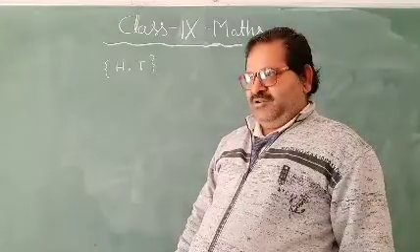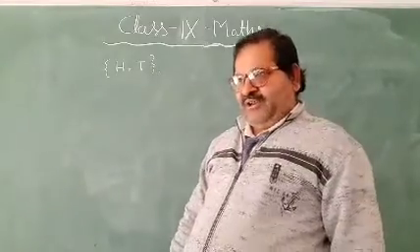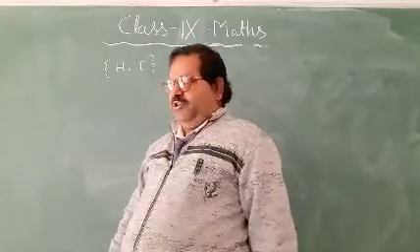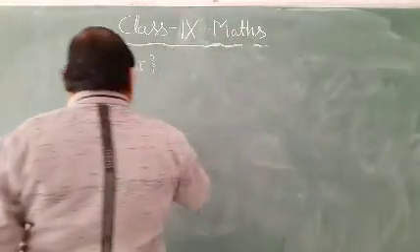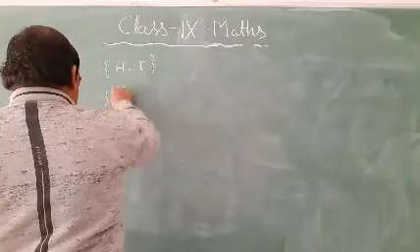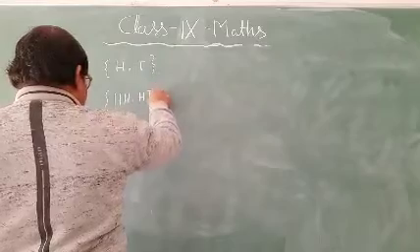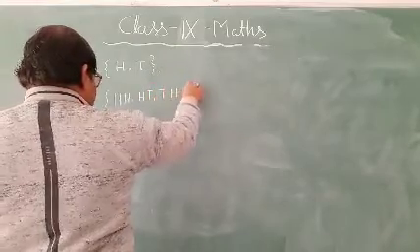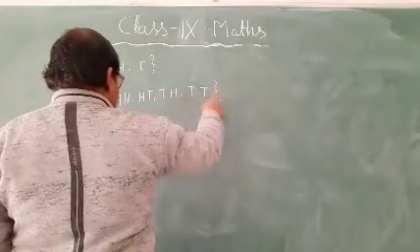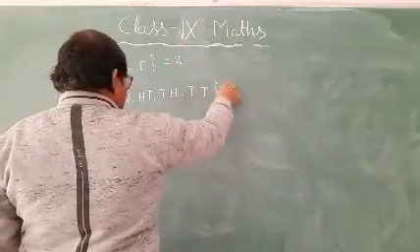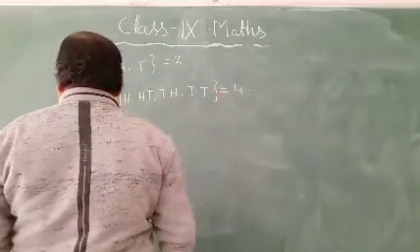If two coins are tossed, then the total favorable outcome is 4: HH, HT, TH and TT. The total sample space is 4.